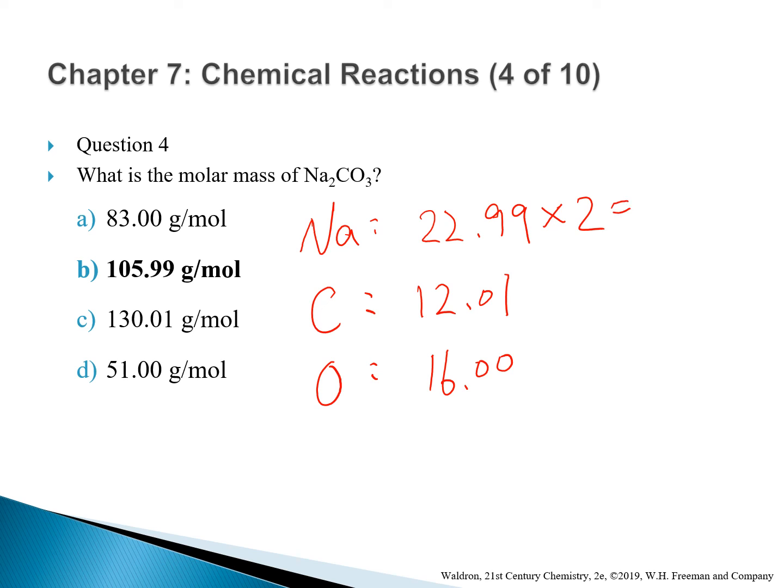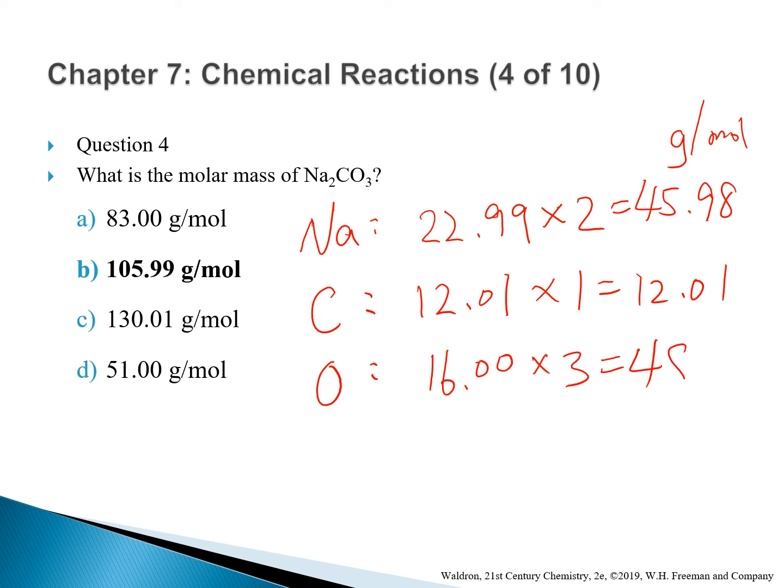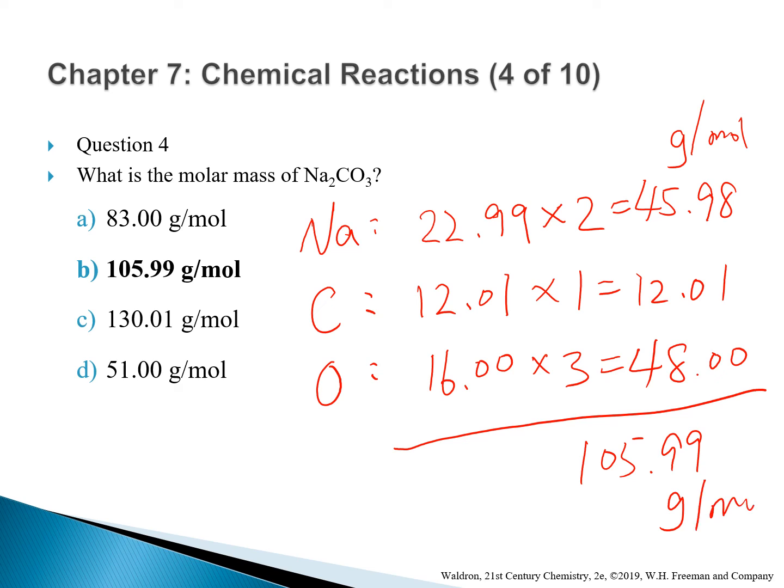So you can multiply sodium by 2 to get 45.98 grams per mole. Then there's only 1 carbon, so you have the same 12.01. Then you have 3 oxygens, so it gives you 48.00 grams per mole. You're going to sum everything up to get 105.99 grams per mole.